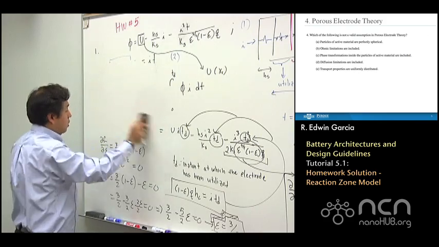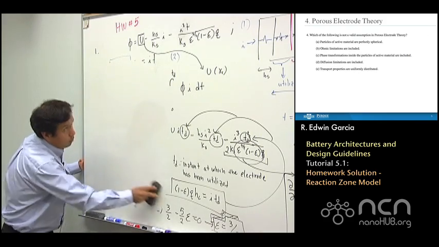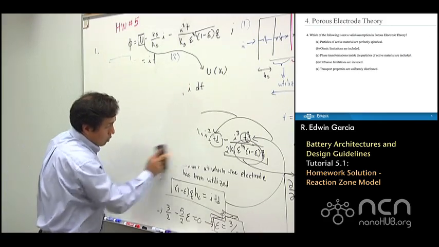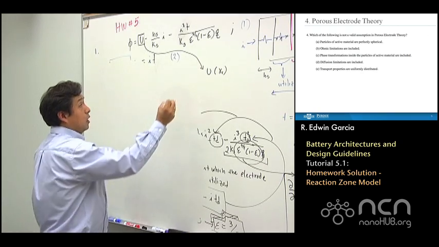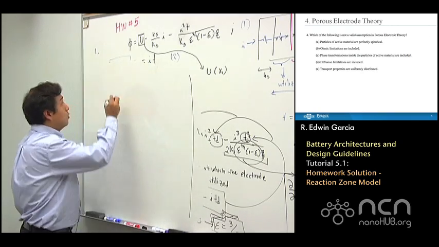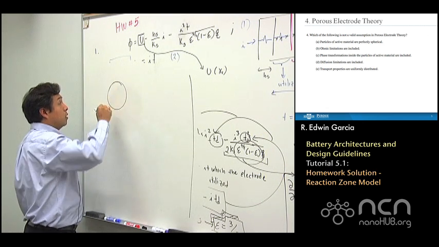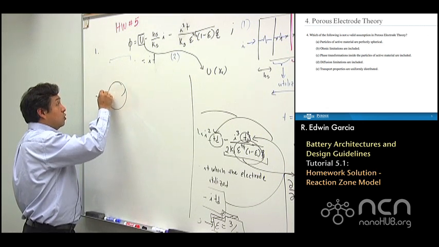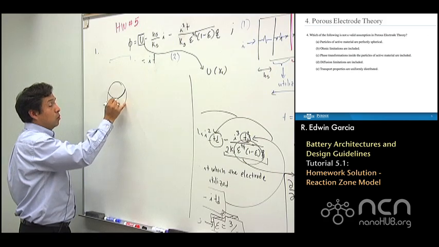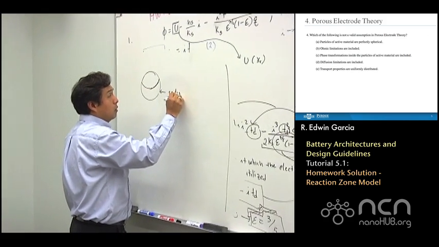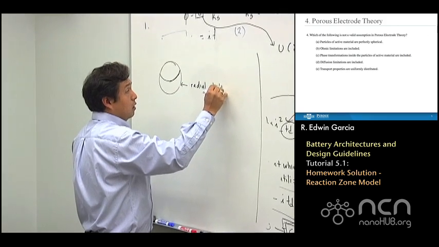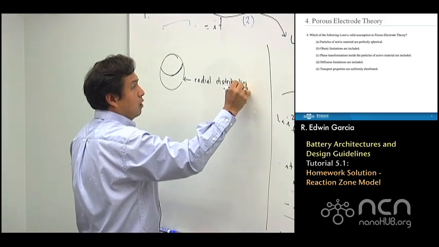In this case, we assume, in both cases, that the particles are always perfectly spherical, okay, and that there's no orientation dependence. So we only care about the radial distribution of the reactant, or lithium for that matter, okay.